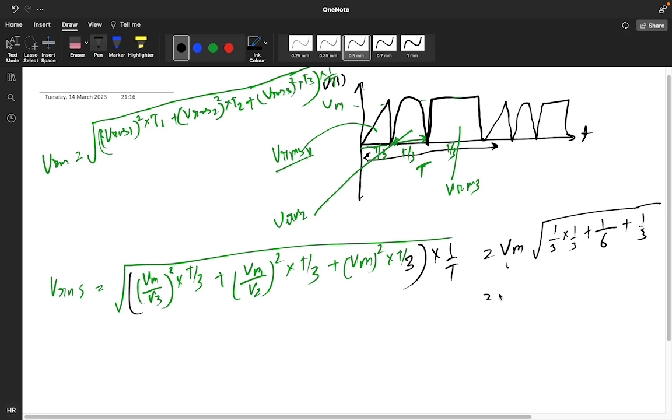Solve it and get the result. Vm root under, how much are you getting? Solve this and tell me the result. 1 by 3 into 1 by 3 is 1 by 9, and 1 by 3 plus 1 by 9 is 3 by 9. So how much will you get?